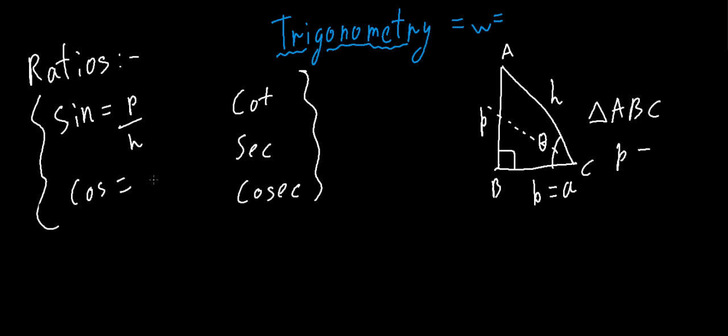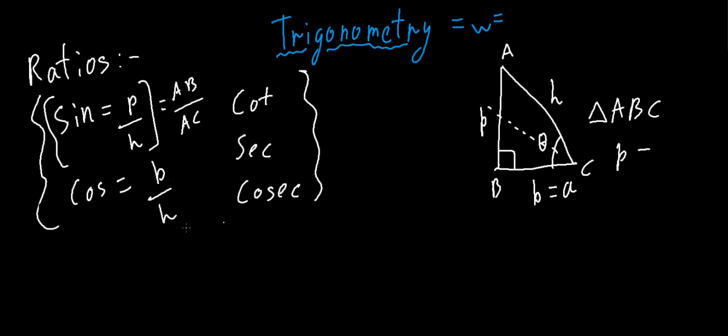Next we have the cosine. In cosine we have B by H. Just like in sine we have P by H, that is equal to AB by AC, we will apply the same rule for cosine.